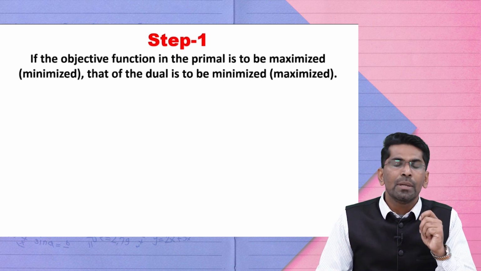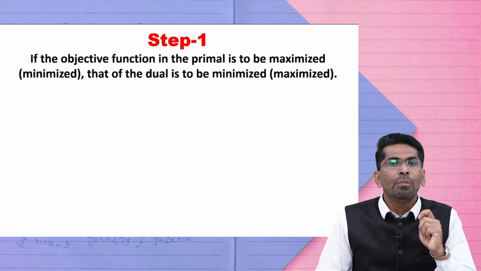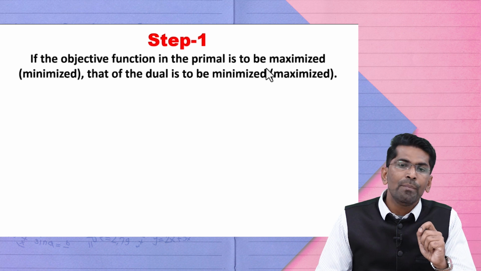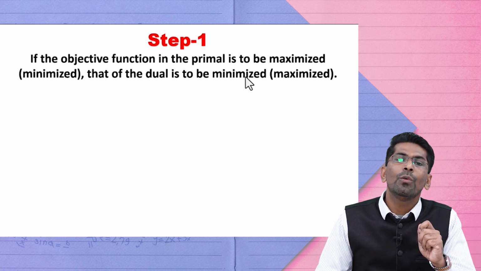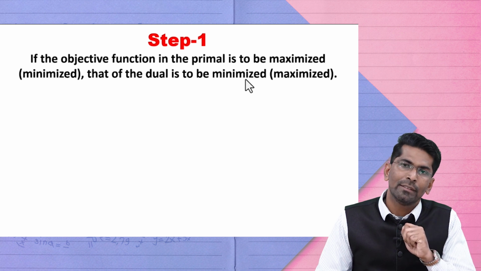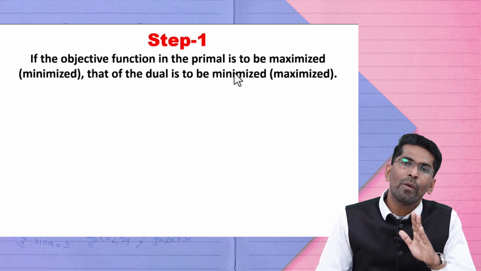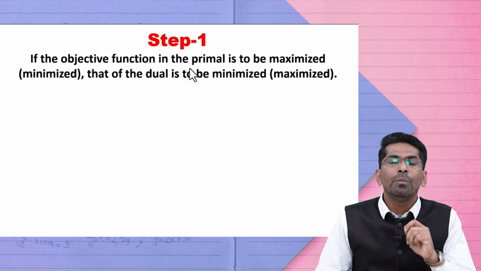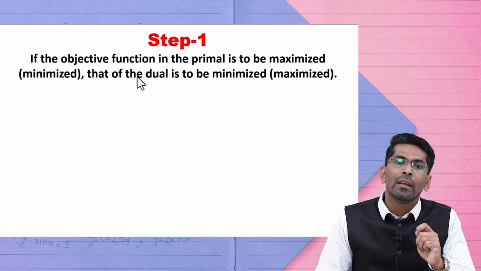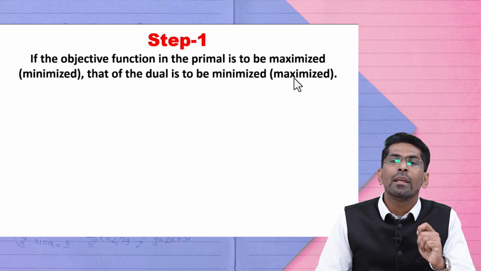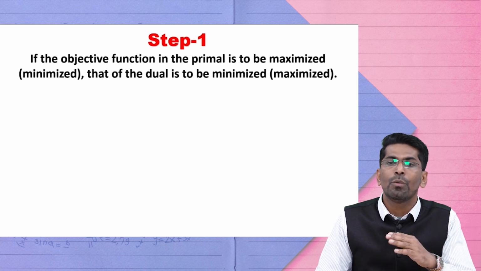The first step is that if the objective function in the primal problem is to be maximized, then its dual is minimized. Or otherwise, if the objective function in the primal problem is a minimization problem, then its dual will be a maximization problem, just the opposite.